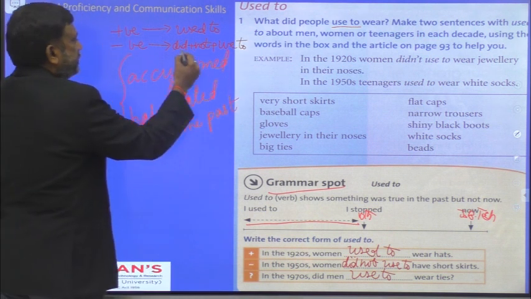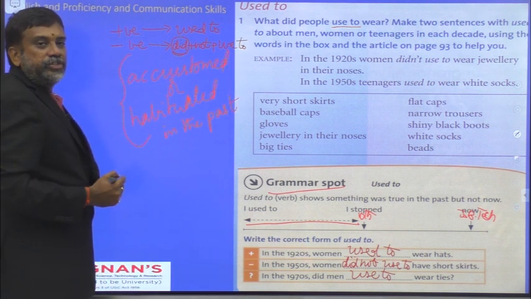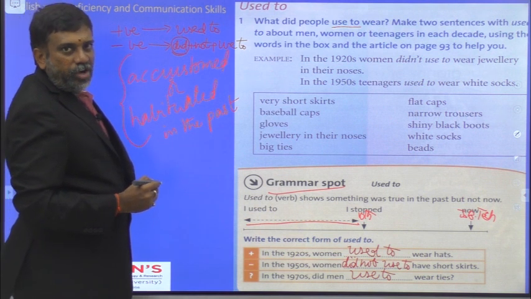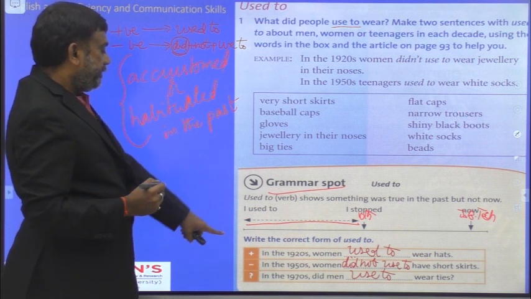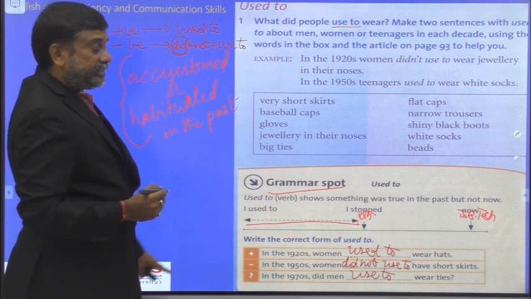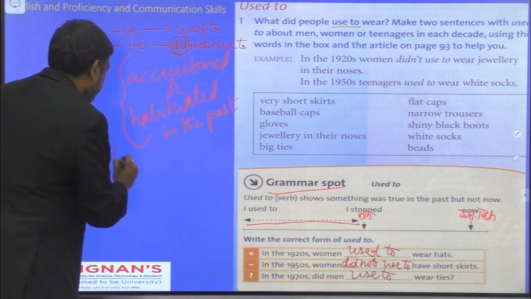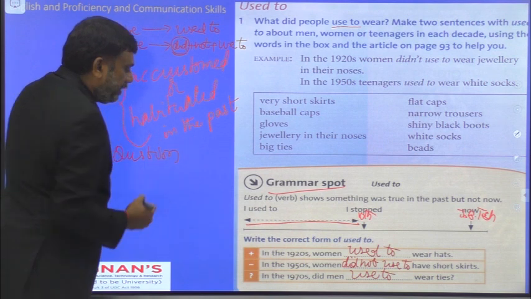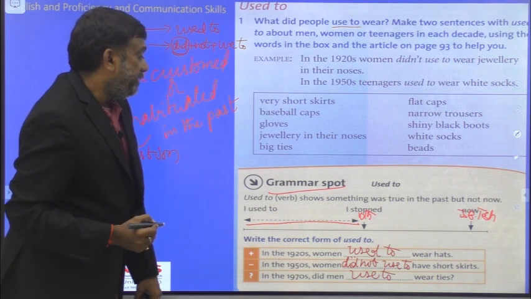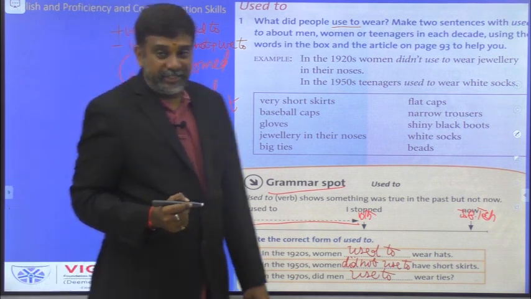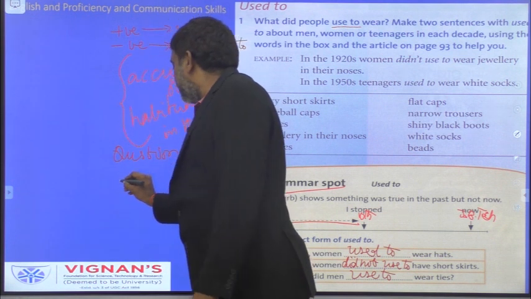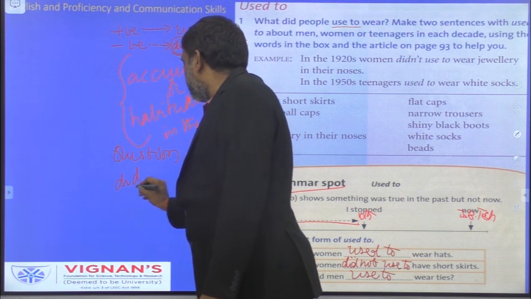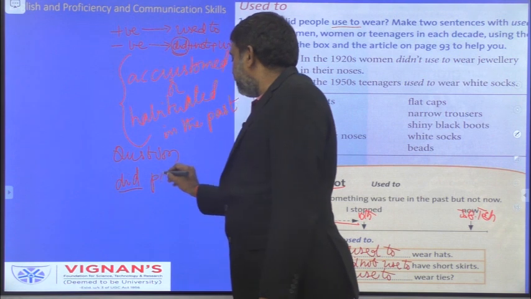Right, so here the past form was shown with the help of the auxiliary verb did. And in 1970, this is a question. How do we need to frame a question here? Did men used to wear ties? Again here, the did showed the time was in the past.